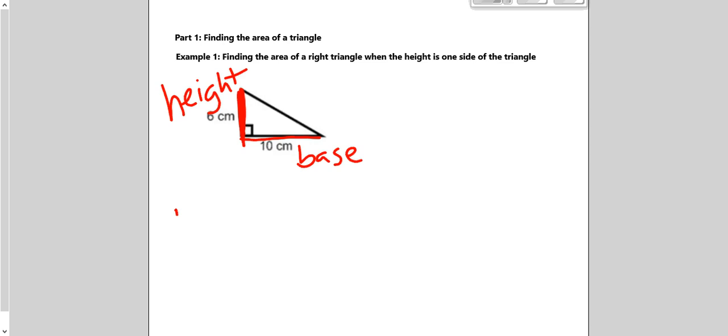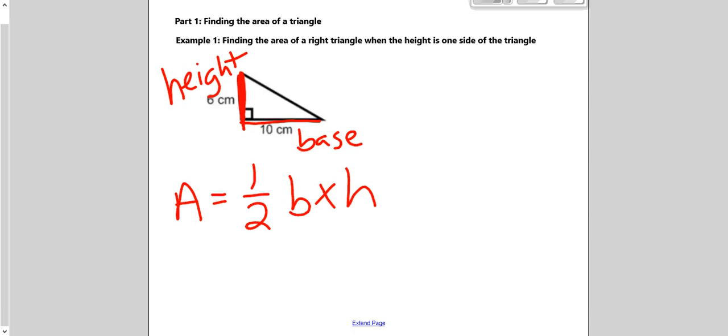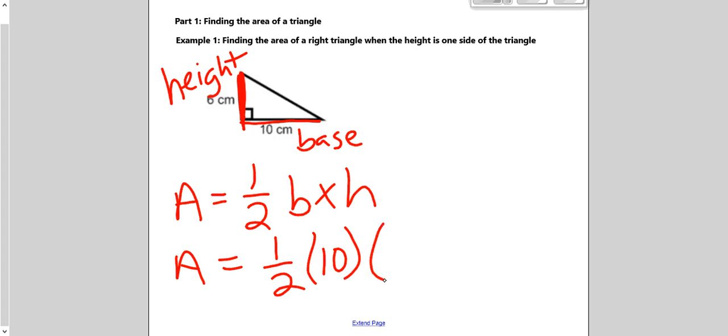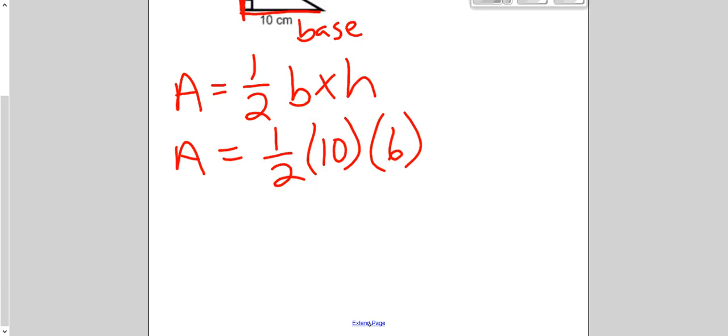So for the area, I'm going to say area is 1/2 base times height. So for this example, it's area equals 1/2. The base is 10, and the height is 6. Notice I'm putting the 10 in parentheses because I'm putting it in for the B. All this means is multiplication.